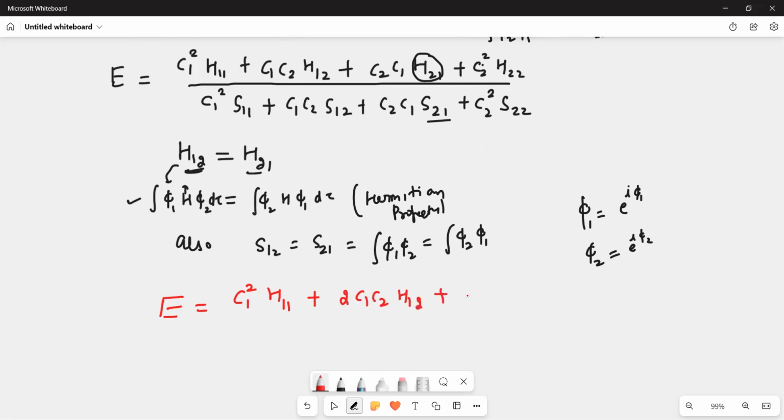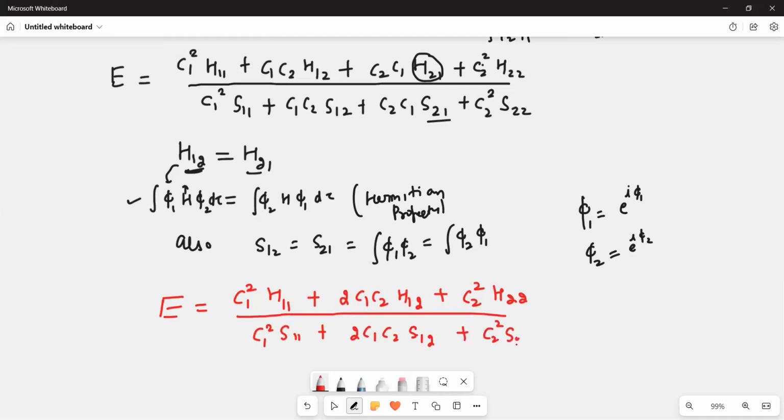Then C2 square H22, divided by C1 square S11 plus again 2 C1 C2 S12, because both are equal, plus C2 square S22. So this is the final expression for energy.